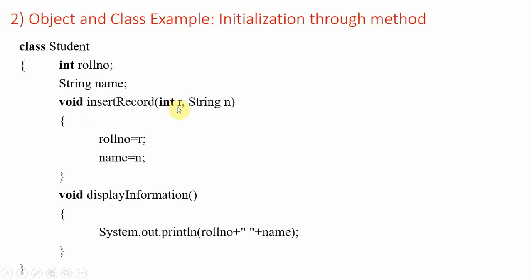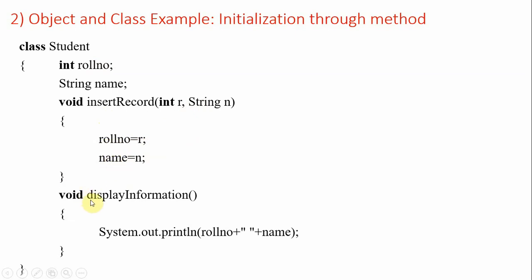Parameters means a data type and variable name. String should always have a capital first letter. So instance variables can be accessed here, where we are assigning these values r and n to the instance variables.